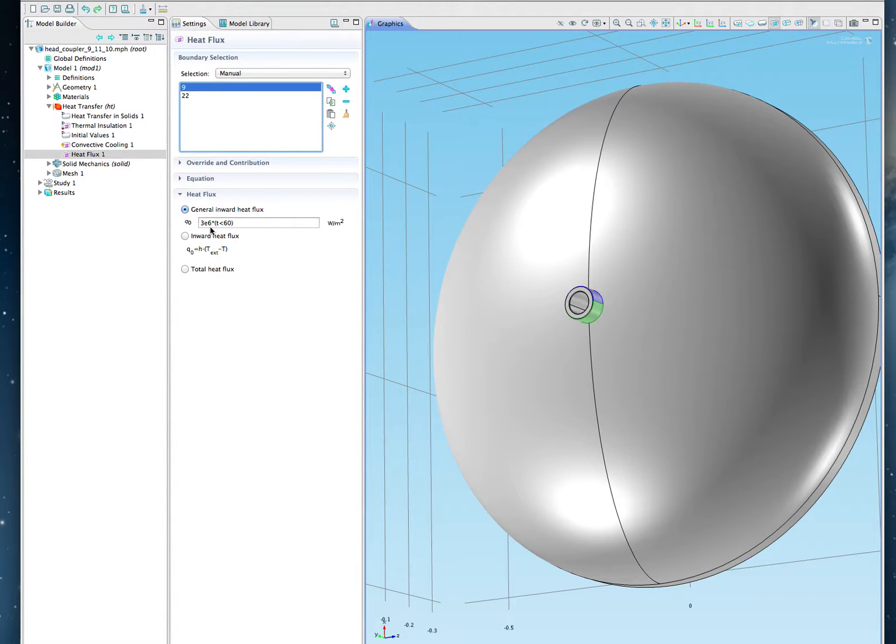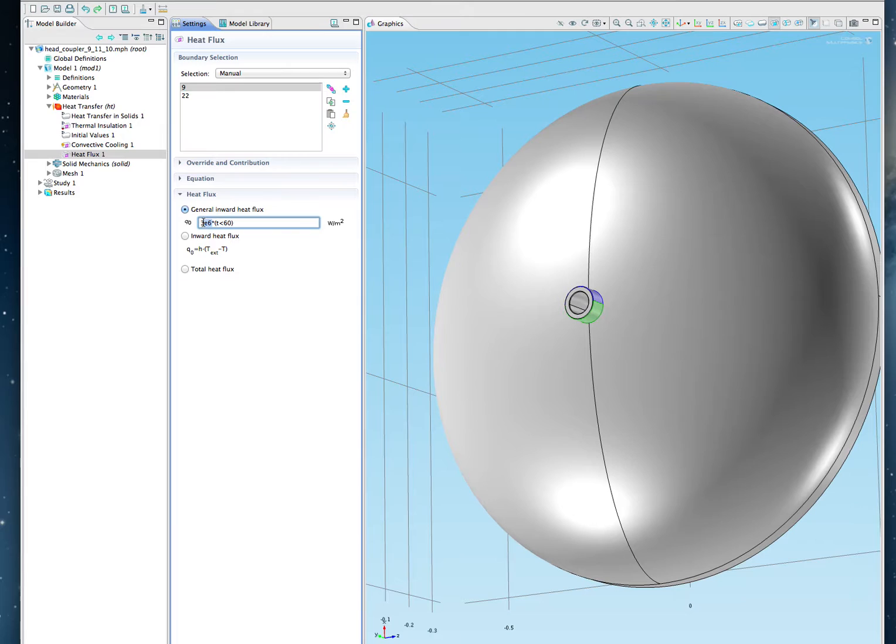It is 3E6 times T less than 60. What does it mean? This is T less than 60, a logical expression. If it is true, then you get 1. If it is false, you get 0. That's all it is. And then 3E6 is the value of the heat flux.